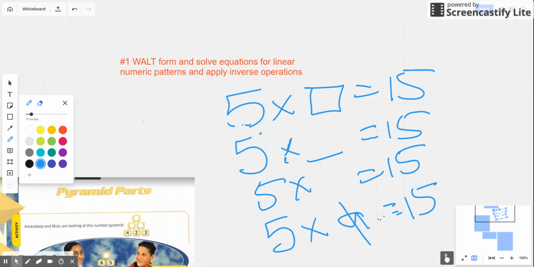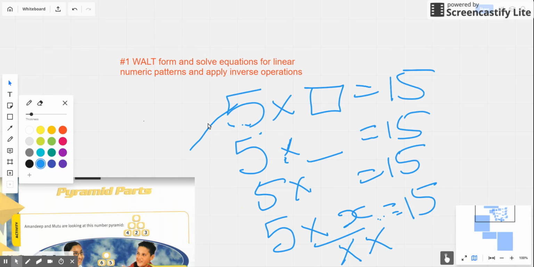It is up to whoever's choosing it. I could have N for the number. More often than not, though, you will find that they use the letter X, and you'll notice that they use a cursive X, and this is so that these two don't get confused. You don't want it to look like 5 times times. So that's why they use a cursive X.